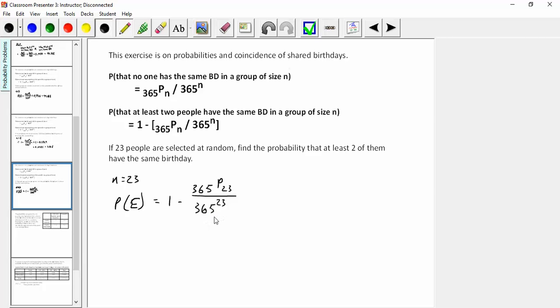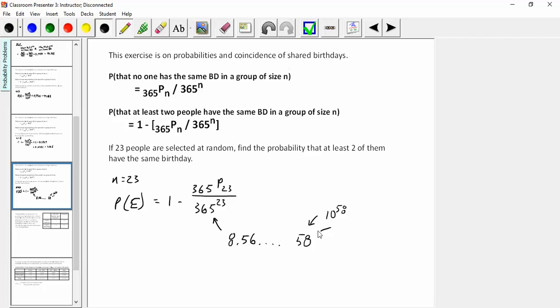Let's see, I'm going to punch that one in. 365, raise that to the 23rd. It says this denominator here, my calculator shows 8.56, then it gives a bunch more digits, and then there's a space, and then it says 58. Some of the others of you might see 10 to the 58.